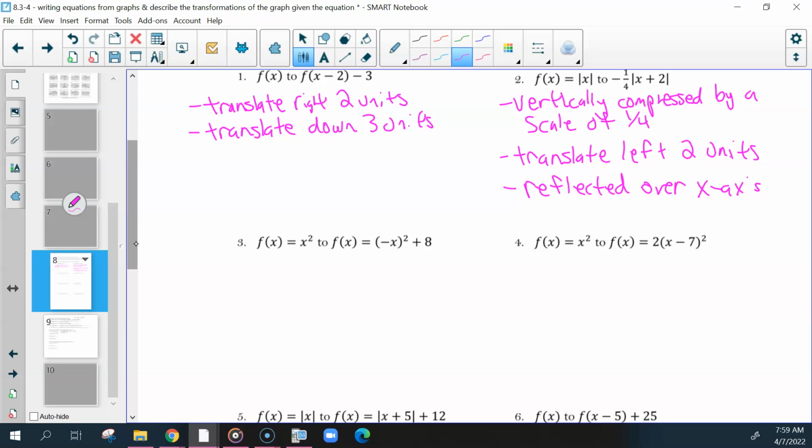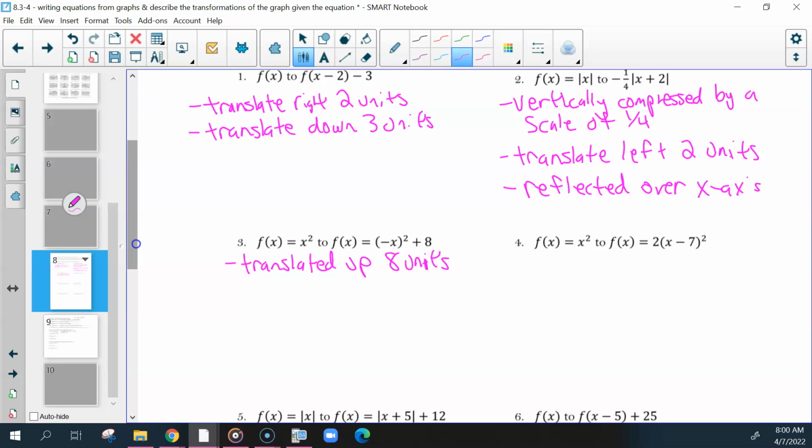Number 3. What happened there? Up 8. Okay, so translated up 8 units. And what would the negative do? Not the x.